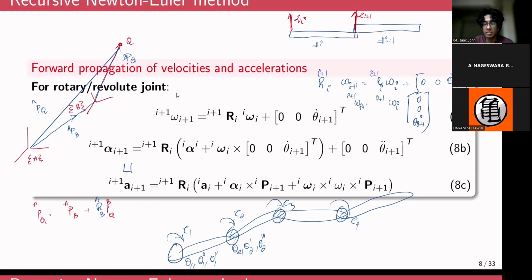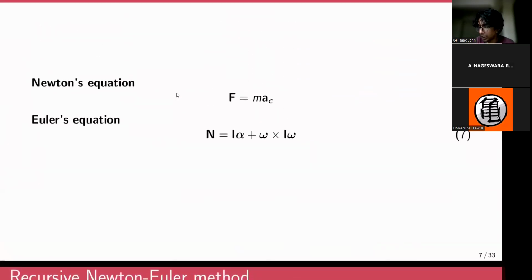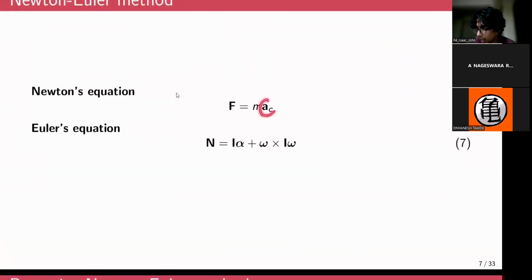But then for this recursive Newton-Euler algorithm to work, we need to find out what the accelerations of the center of gravity of each of these links are. What are the angular accelerations of the centroid of each of the links? What are the angular velocities of each of these links?